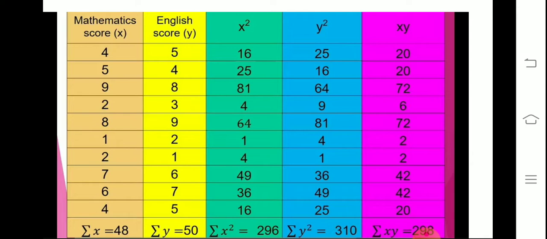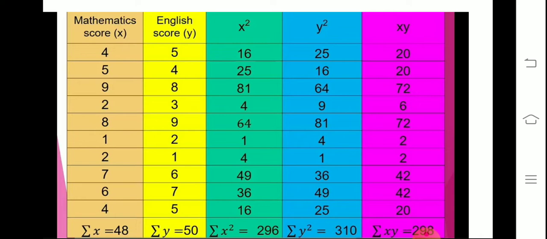For the first row we have 4 squared, which is 16. So we have here 5 squared, 25, 9 squared, 81, 2 squared, 4, and so on. And the summation of x squared is 296.